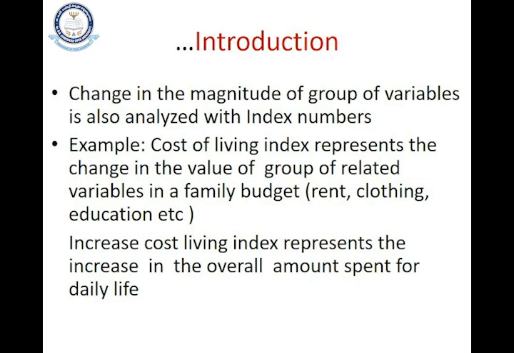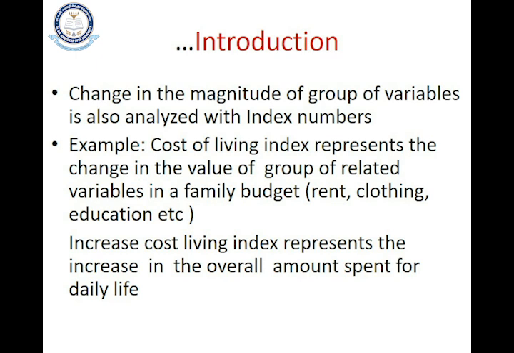This change is studied with respect to the index number, and change in the magnitude of a group of variables is also analyzed with the help of index numbers. What is a group of variables? If we talk about cost of living, then cost of living is a combination of various aspects, that is food, shelter, clothing, education and so on.